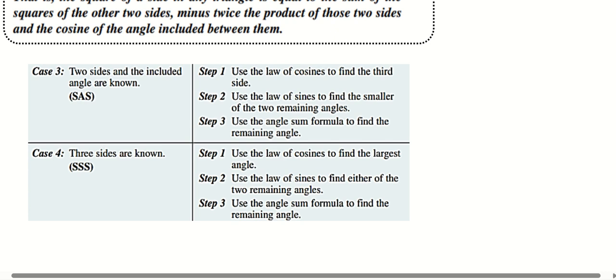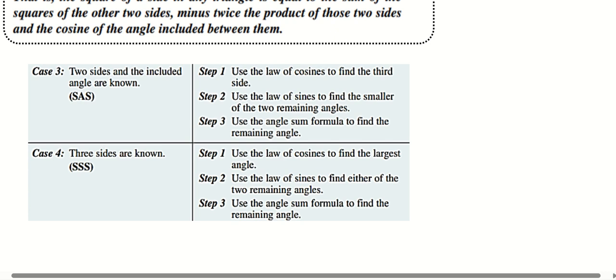You end up with the side in between two different angles, so I can't actually jump into putting this as a ratio. So in order to solve for an SAS triangle, we're going to use the law of cosines to find the third side. And then now that I have that, I can go ahead and apply the law of sines because I end up with the ratio.